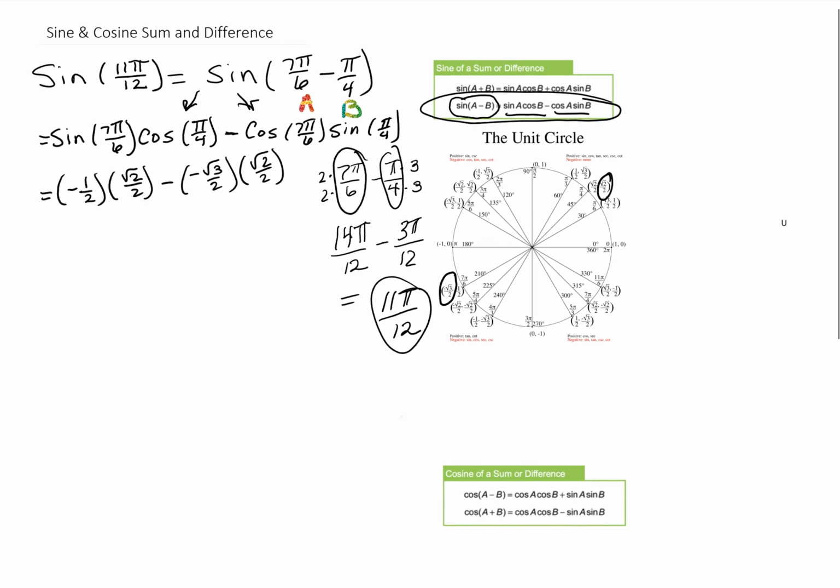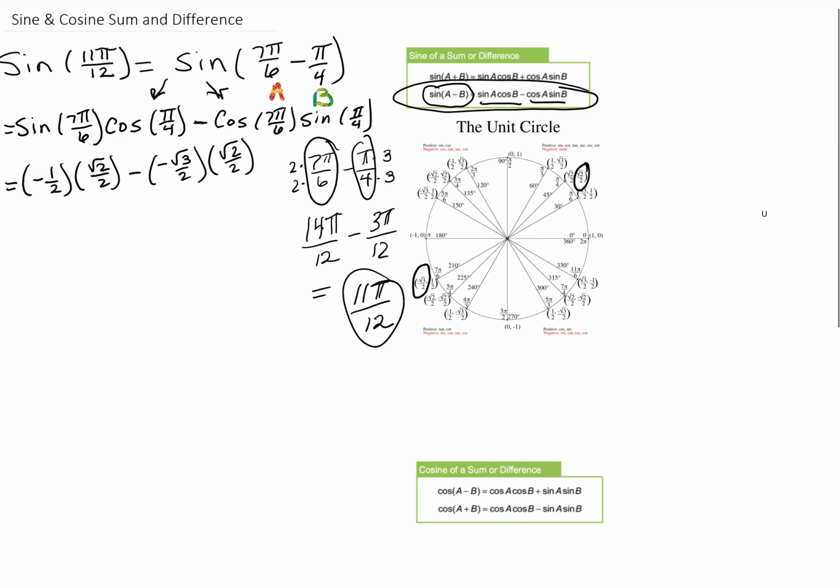And now it's pretty simple. It's just arithmetic. So really no more pre-calculus, no more trigonometry, just some simple arithmetic. We end up with the negative square root of 2 over 4. And let's see here. Negative and a negative makes for positive. Square root of 3, square root of 2, and I'm going to leave it like that, all over 4. Sometimes you may see this written as the square root of 6.